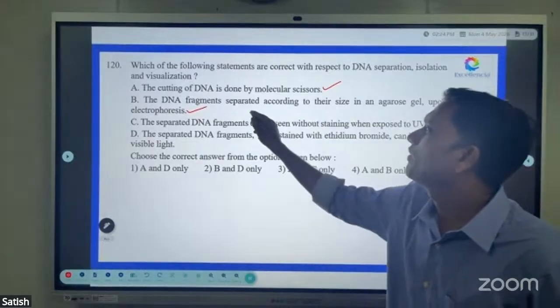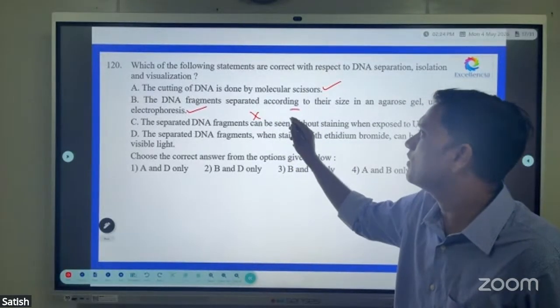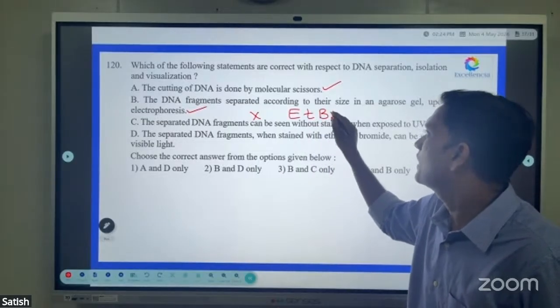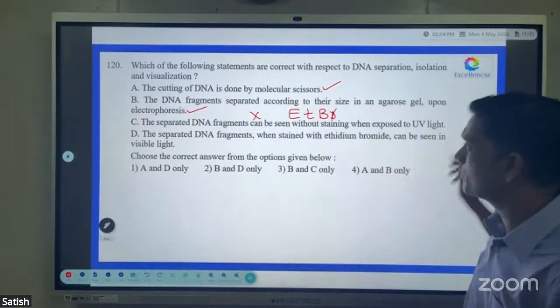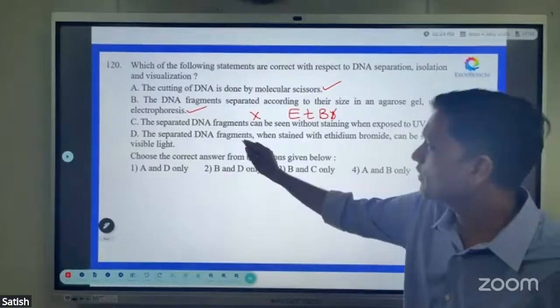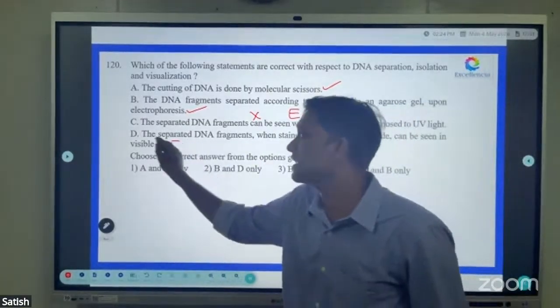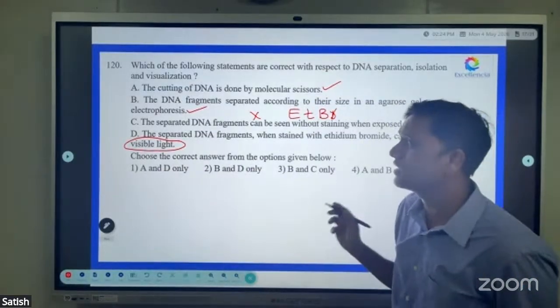No, we can't see the DNA fragments without staining. A stain plays an important role to see the DNA fragments, that is ethidium bromide, EtBr. So C is the wrong statement. The separated DNA fragments, when stained with ethidium bromide, can be seen in visible light. Visible light is not efficiently useful to visualize the DNA fragments.